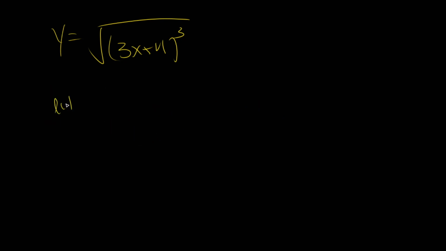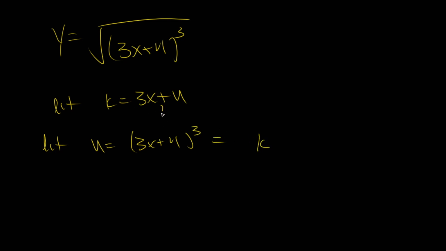Let's let k equal 3x plus 4. And then let's let u equal (3x plus 4) cubed, which equals k cubed, if we substitute it back here.